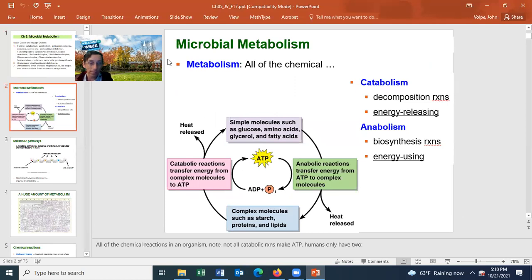Microbial metabolism discusses, obviously, metabolism, which is all of the chemical reactions occurring in an organism. And since we're mainly talking about bacteria, you can say it's all of the chemical reactions occurring within a cell, because one cell makes up all of the microbes, at least all of the bacteria.